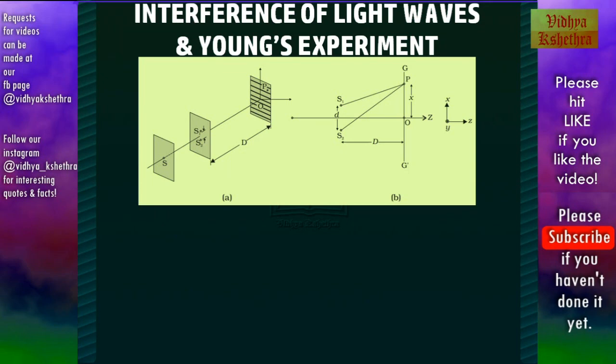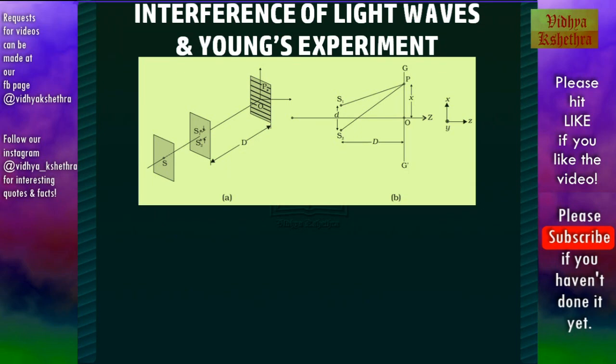In one screen, there was a small pinhole, and it was illuminated by a bright light source. And in the second screen, there were two pinholes. These two pinholes were used for producing the interference pattern.